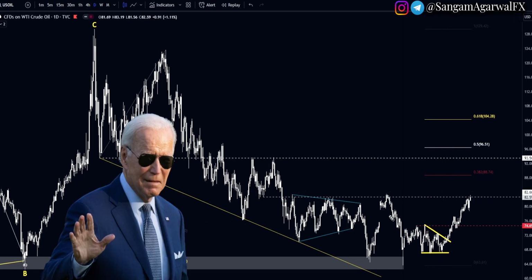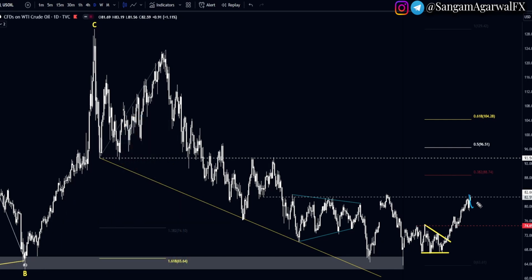Or if Biden does some magical thing again and it retests the 74 level, and you missed the triangle chart pattern breakout, then you can buy, because either it makes a correction before the breakout or after it.